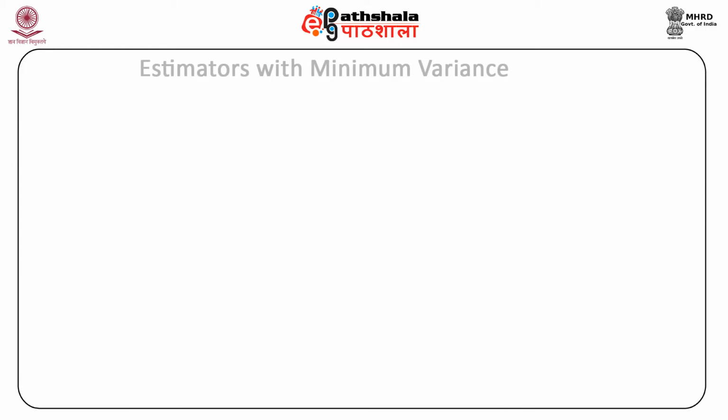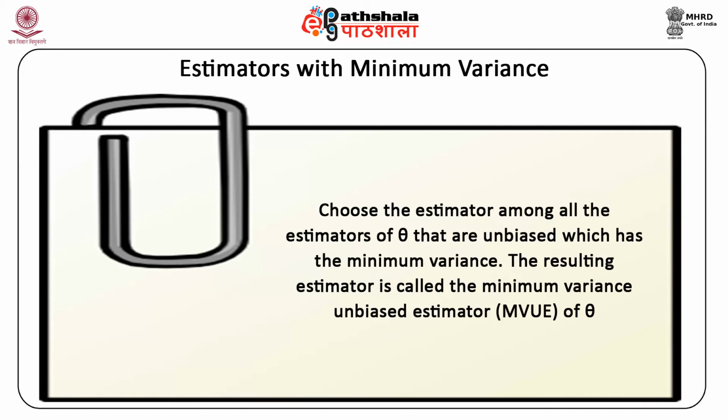The principle of minimum variance unbiased estimation, MVUE, states the following. Choose the estimator among all the estimators of theta that are unbiased which has the minimum variance. The resulting estimator is called the minimum variance unbiased estimator, MVUE, of theta.